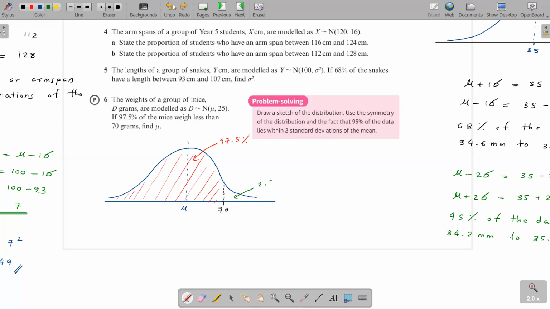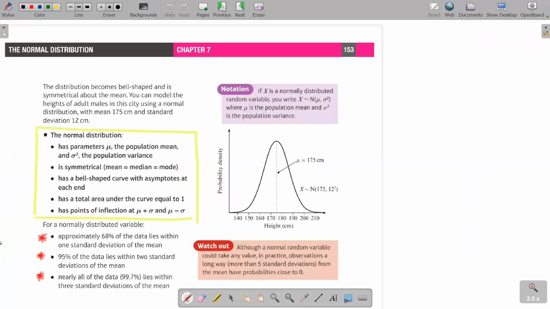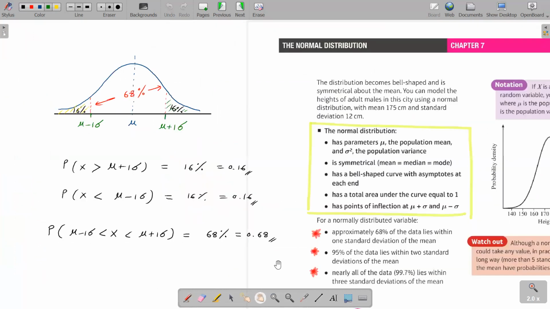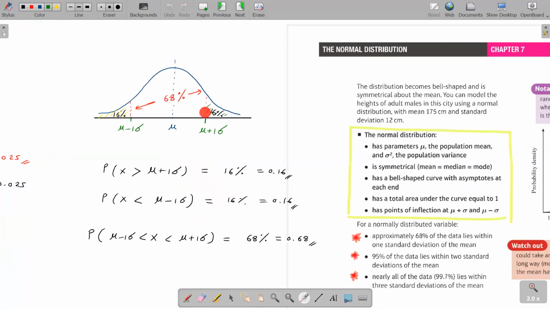Do you recall, because we did the questions where we found the area within 1 standard deviation of the mean and the area within 2 standard deviations of the mean. Am I correct? So if you have the area within 1 standard deviation of the mean, the outside areas are 16%. Do you recall this?